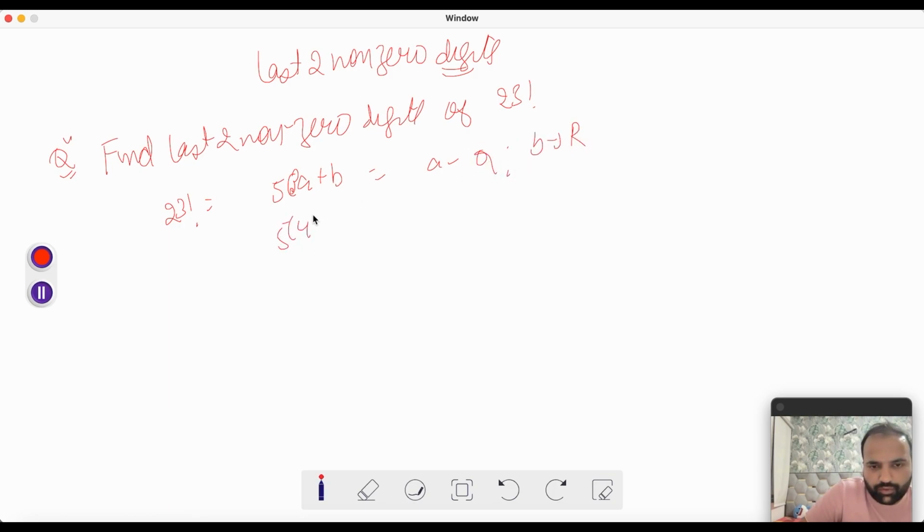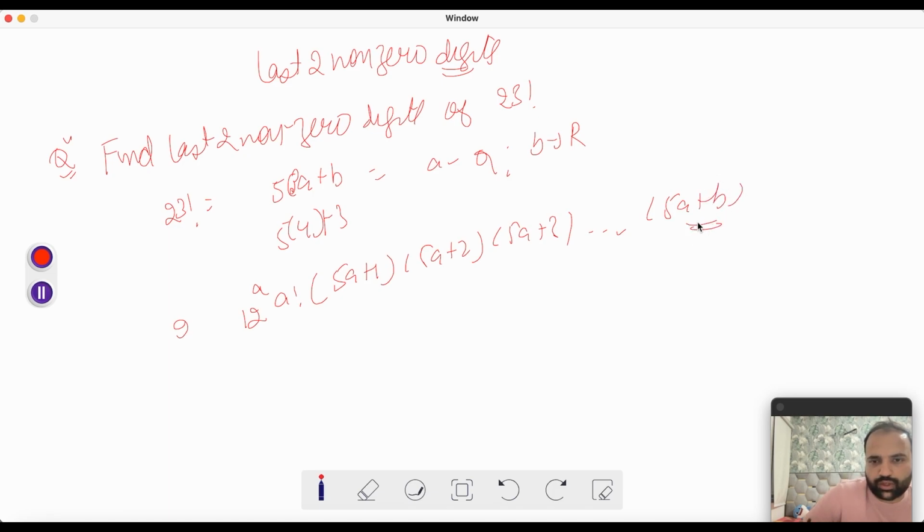So what do we have? 5 × 4 + 3. Now we need to put it in the form of 12 to the power a, factorial, and then 5a + 1, 5a + 2, 5a + 3. We need to do this till we have reached 5a + b.